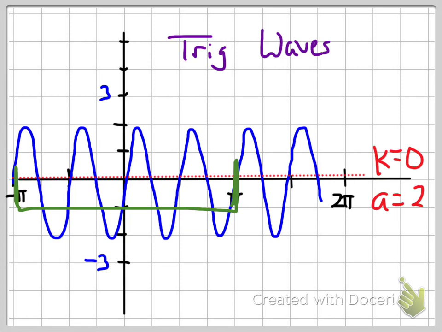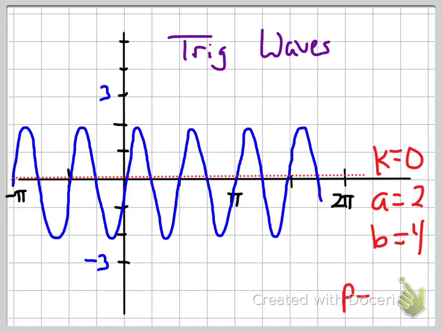That is a distance of 2 pi. The only reason I did that is because this graph didn't go all the way to 2 pi. In that distance, there is 1, 2, 3, and 4 full cycles. That means my B value then is 4.